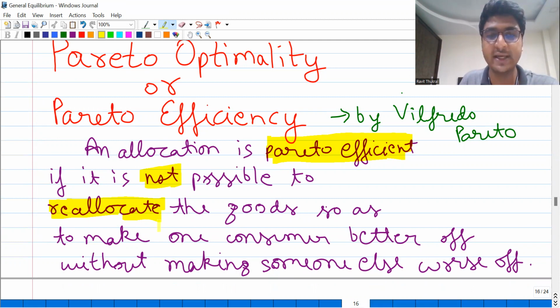So if that is the case, then we call such an allocation Pareto efficient.